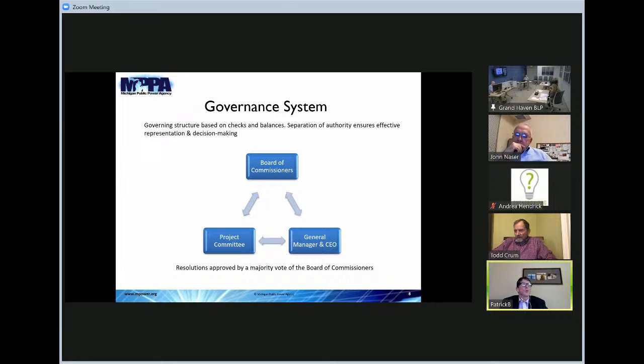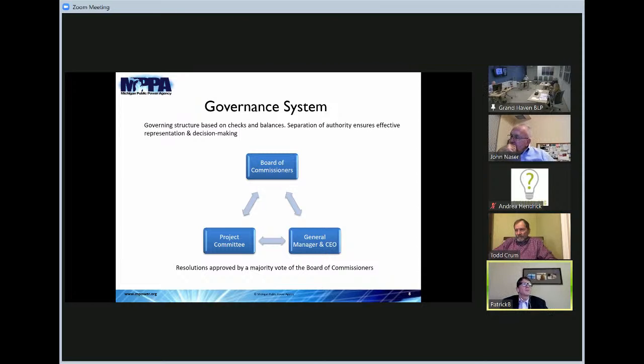So you have the Board of Commissioners, and each member has a board member or a commissioner, and it sits on the board. So we have 22 board members. We have project committees, which represent all of the member participants that are in that particular project. And then you have the general manager and CEO, which currently is myself. And resolutions are approved by a majority vote of the Board of Commissioners.